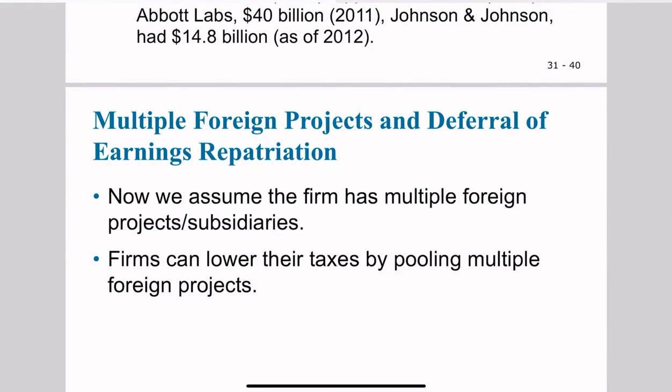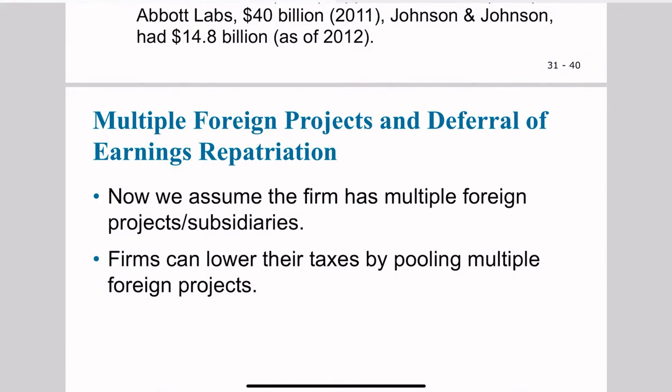So now we assume the firm has multiple foreign projects or multiple foreign subsidiaries. And in this case, the firm can lower their taxes by pooling together their foreign income. So basically, if they pool together their foreign income, then the tax credit from their foreign income can offset with each other.